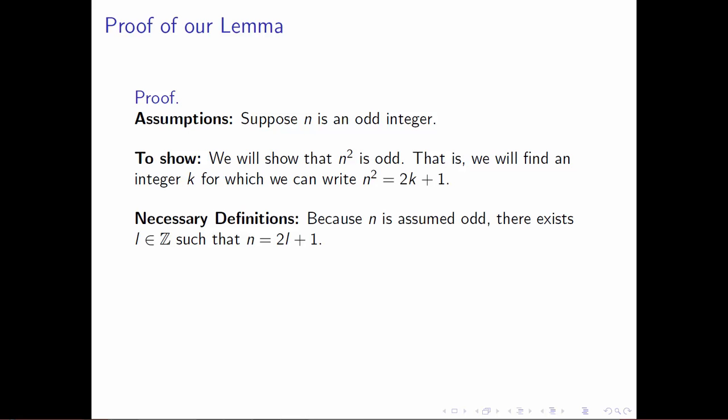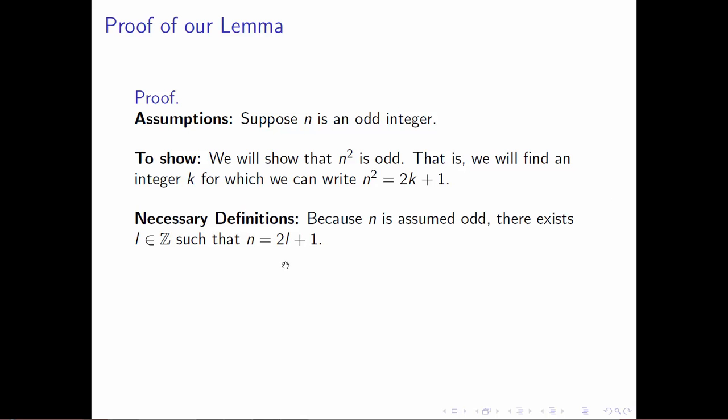The reason I chose to use l here is that if I were writing a full and formal proof, I've already used the integer k up here. I've said we're going to find an integer k for which we can write n squared as 2 times k plus 1. So I personally want to set aside the letter k to denote whatever integer I need to write n squared as 2 times that integer plus 1.